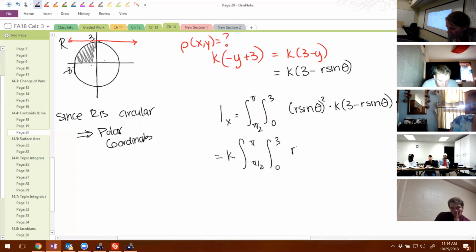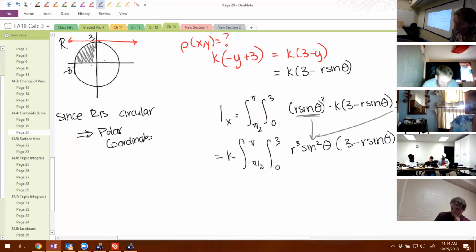So we'll have r cubed in total times sine squared theta times 3 minus sine theta. So taking that r and this term and combining those to give this term. And then yes, go through and distribute again.